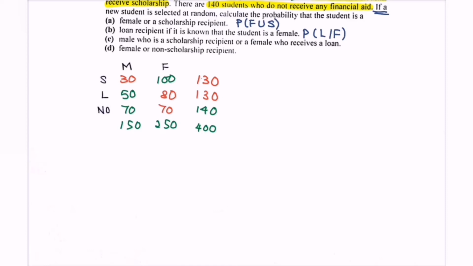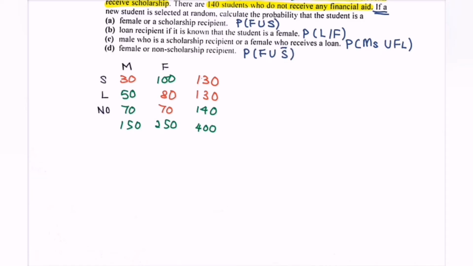Next, male who is a scholarship recipient or a female who receive a loan. So in here, we can say the probability is that male receive scholarship or we have female receive the loan. Continue. Female or non-scholarship recipient.